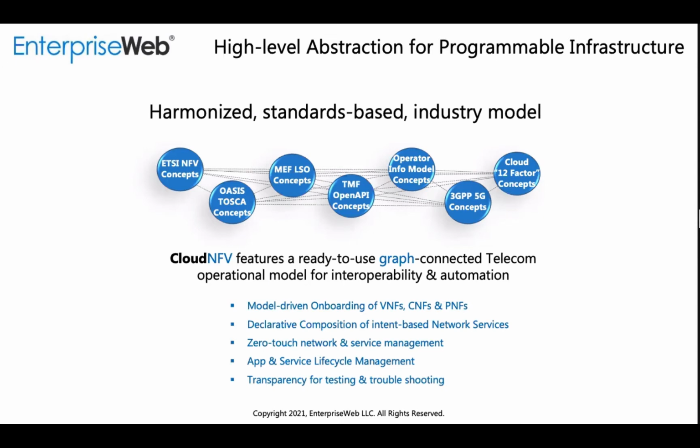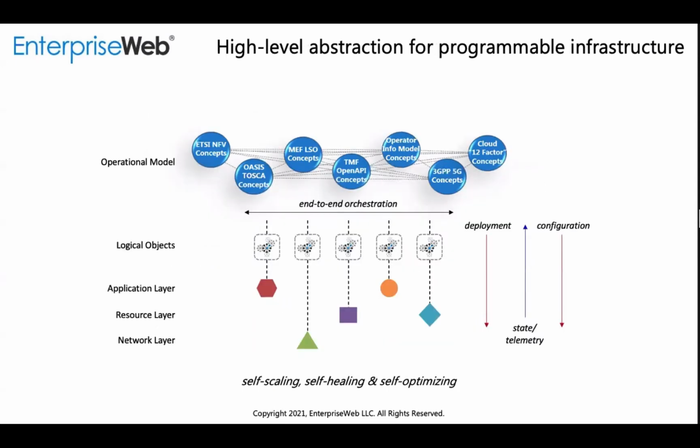Next slide, please. And this sort of gives you an idea, right? So this model is essentially allowing you to create logical objects that represent, almost like digital twins, elements at the application layer, elements at the resource layer, elements at the network layer, and they're all going to essentially be modeled as these virtual objects or digital twins.